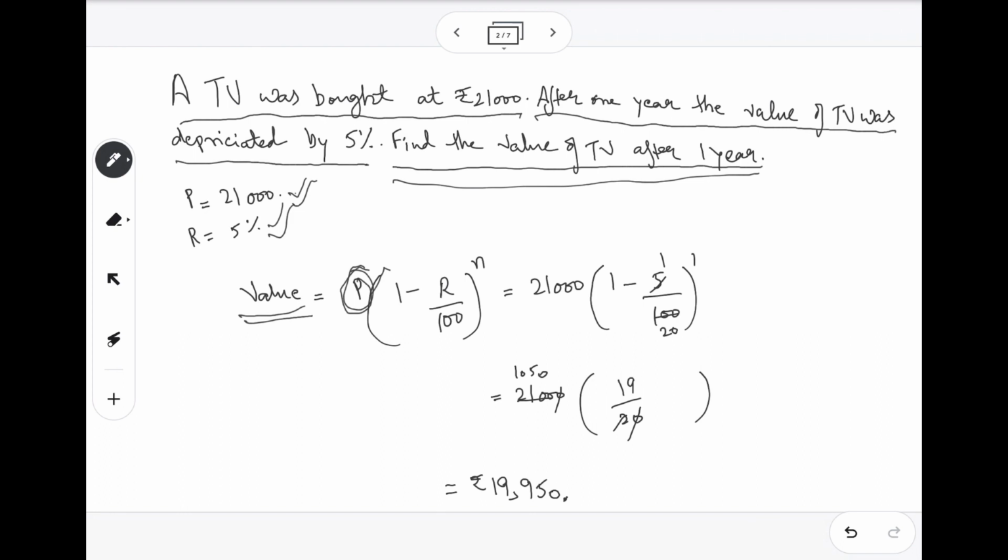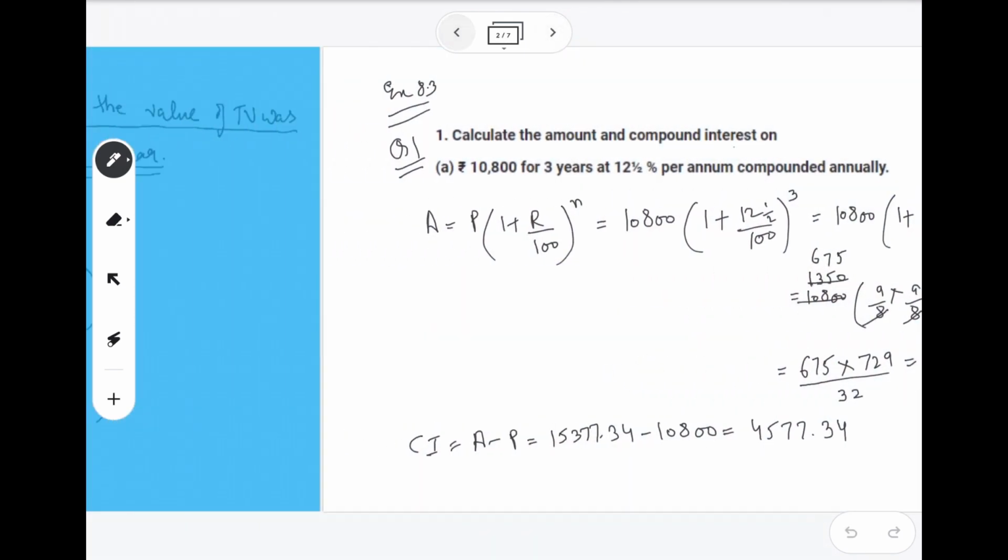Rest simplifying is same. So putting the values, we get 21,000 into 1 minus 5 upon 100 raised to power 1, which is 21,000 into 19 by 20, which on solving gives the value as 19,950.